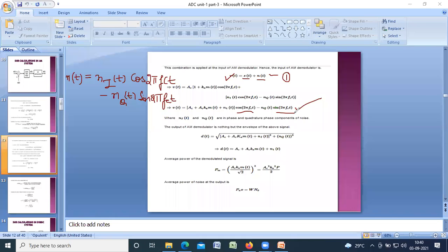Do it fast and tell me, did you get this or not? Suppose this is equation number 2.